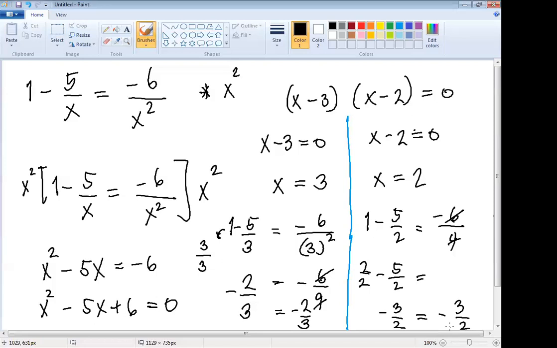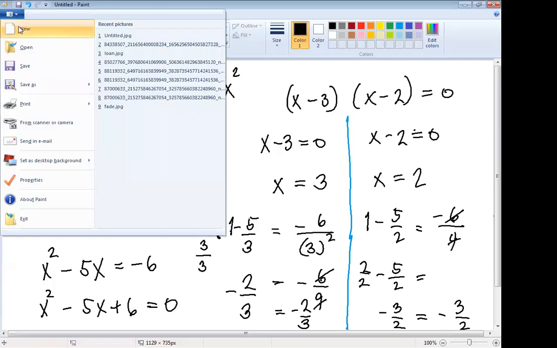Okay, take a picture so that you will have your notes so that we can proceed to the next example. Okay, next example. Guys, if you have a question, just ask.